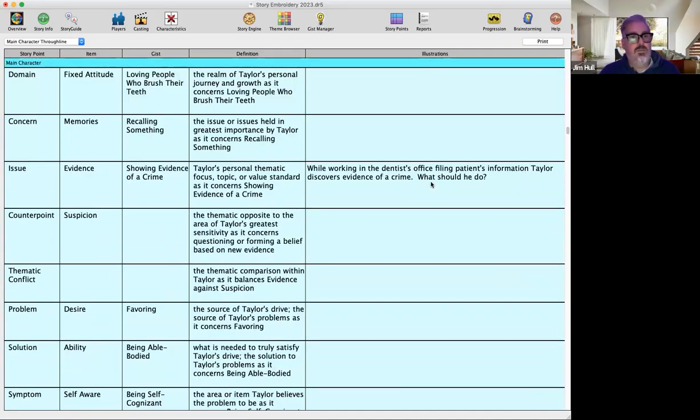So we know that he loves people who brush their teeth. Whoever he has a crush on, he always has to spy on them and see if they're brushing their teeth. He listens in on their conversations when it comes to flossing, and is really intensely obsessive about brushing teeth.